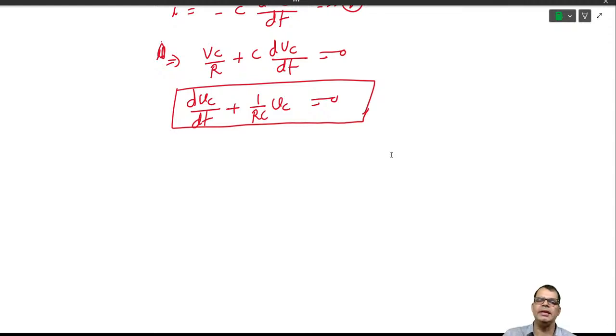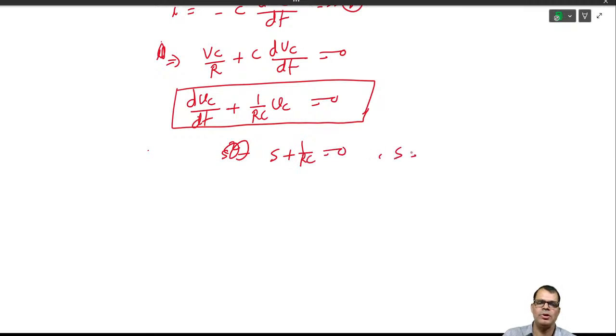So if you know this is a linear constant coefficient differential equation, you also know the particular integral. Either way you can do. I will suggest you go for the PI and CF, particular integral and complementary function. First calculate the auxiliary equation, S plus 1 upon RC equal to 0.